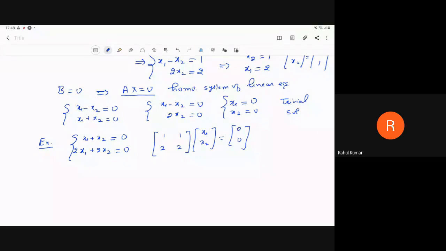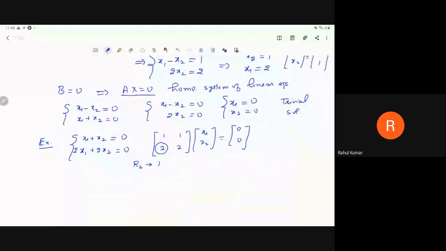x1 plus x2 equal to 0 is the first equation. That's right, both equations are same. Solving these, okay? Let's see the solution. So what operation should I apply to make 0 here?